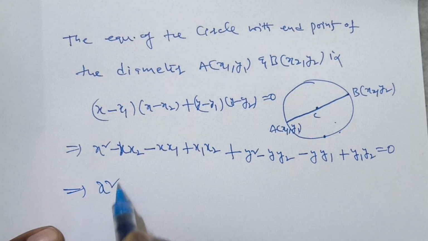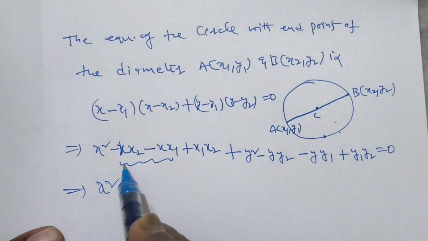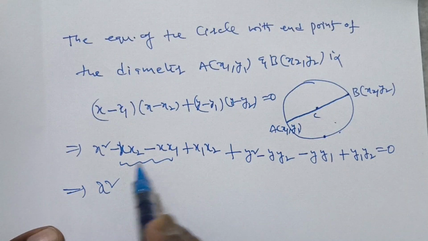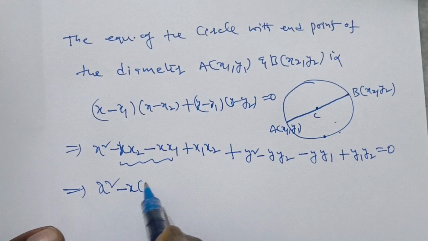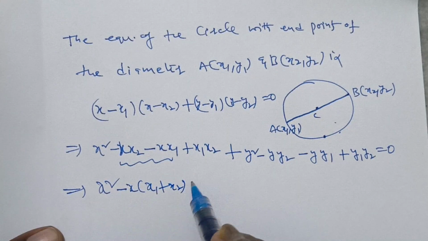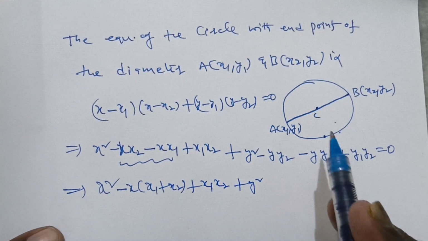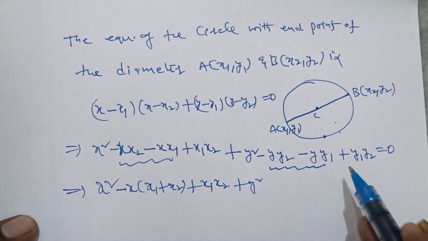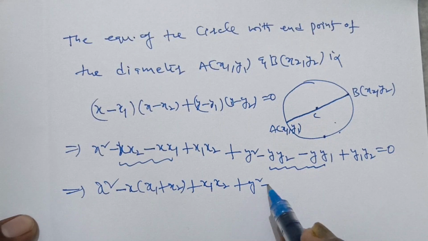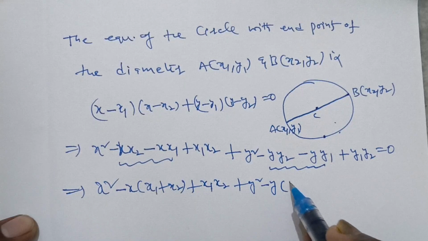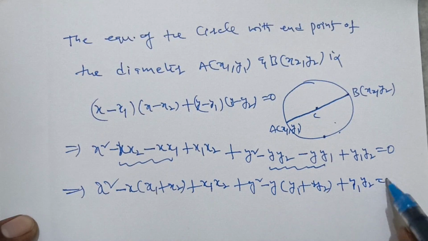So from these, x square, then common minus x from these two terms, x1 plus x2, plus x1 into x2, plus y square, and from these two common minus y, then y1 plus y2, plus y1 into y2 equals 0.